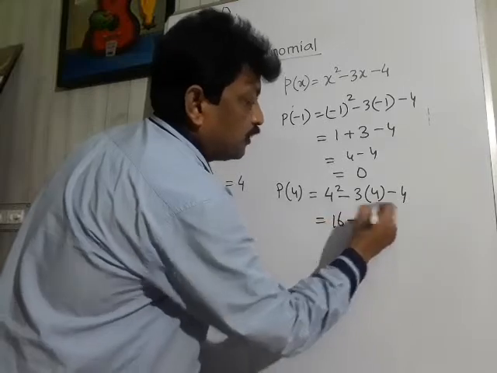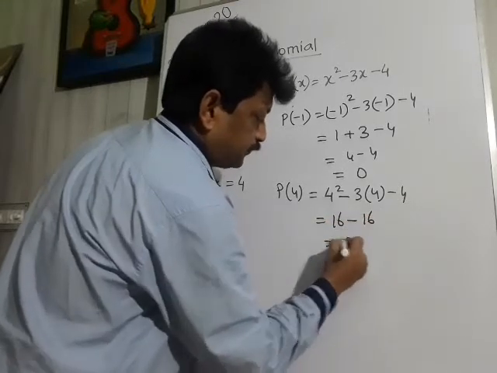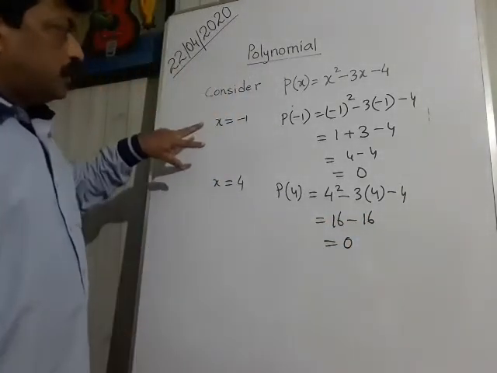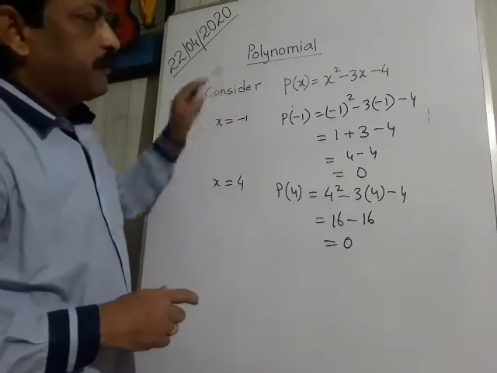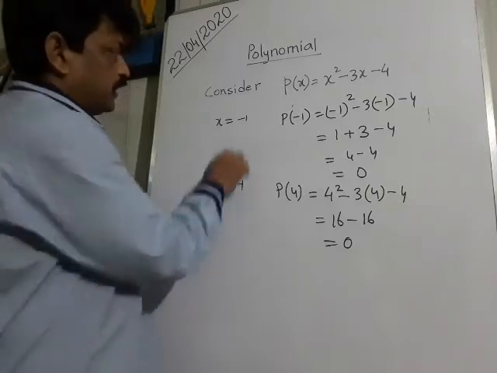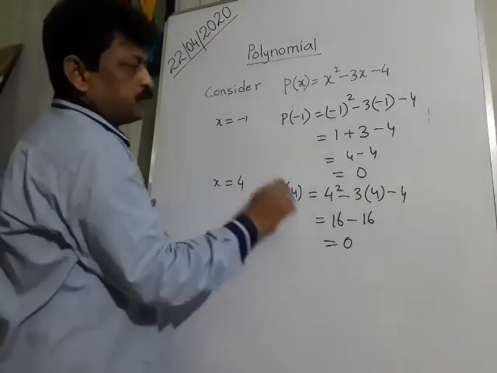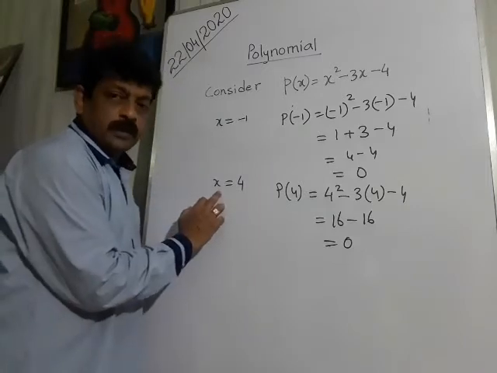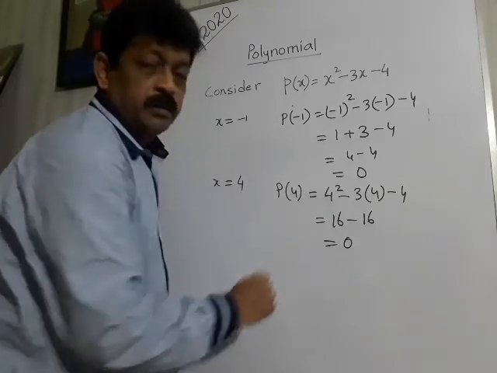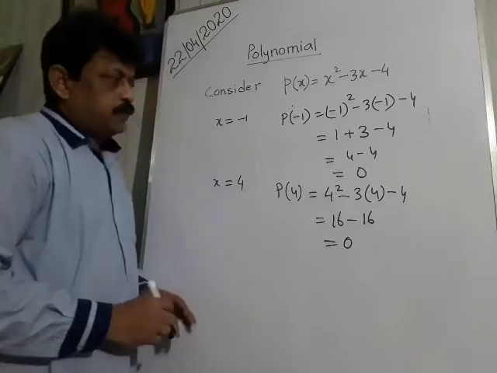So 16 minus 16, 0. So here there are two values of x when the value of the polynomial becomes 0. That is, when we put x equals minus 1, the value of the polynomial becomes 0. Similarly, when we put x equals 4, the value of the polynomial also becomes 0.